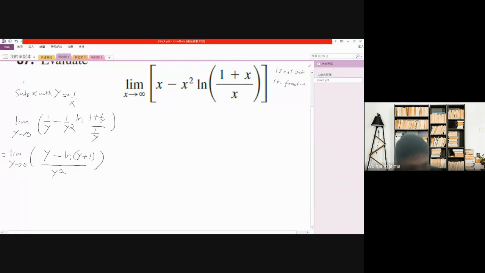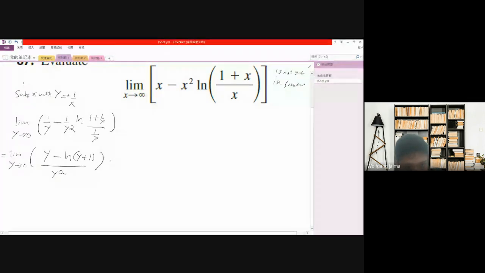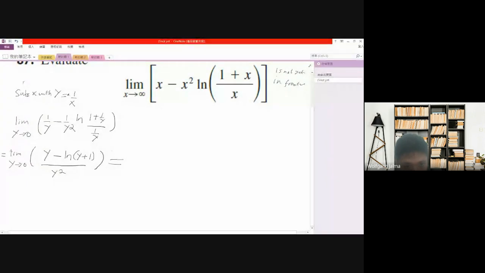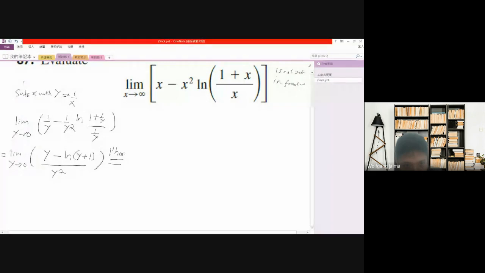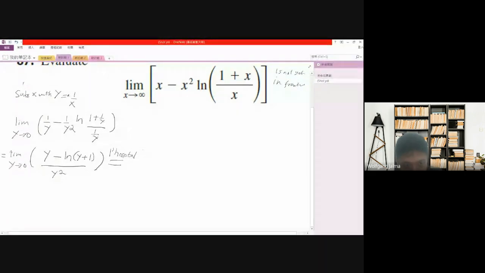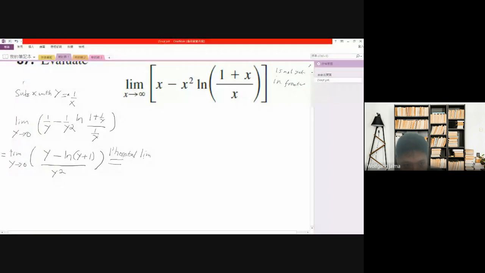Where is my pointer? Yes. Okay, let's say here with L'Hopital. I'm not sure how to pronounce it, but you know what I mean. Of limit y approaching 0.